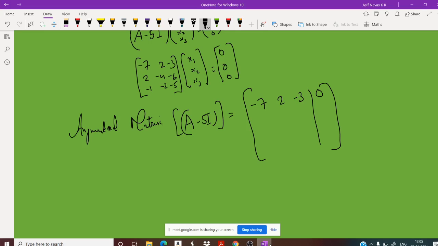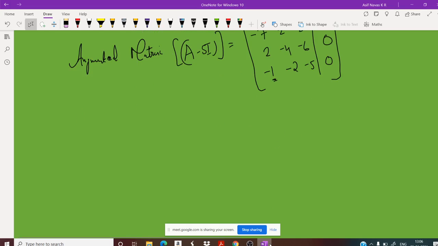Tell me the second row: 2, minus 4, minus 6, 0. Then minus 1, minus 2, minus 5, 0. Now here there is a 1, right? So if you get the pivot as 1, then the calculation will be simpler.